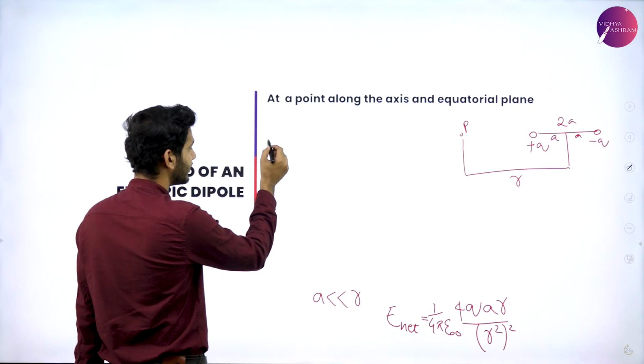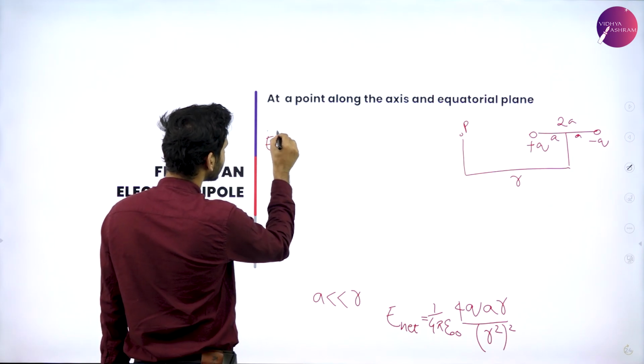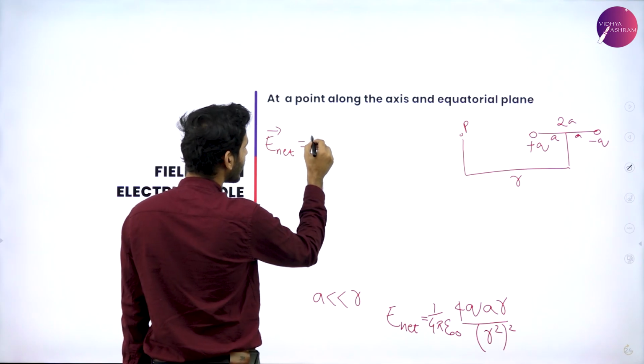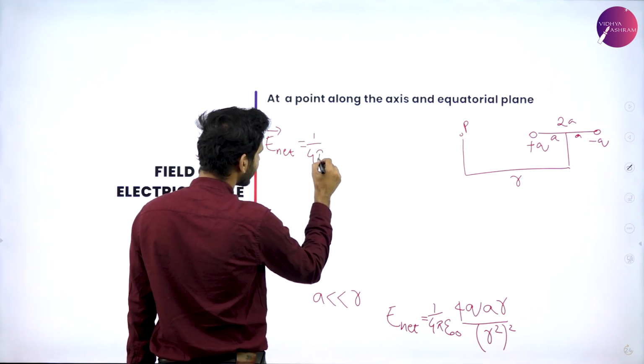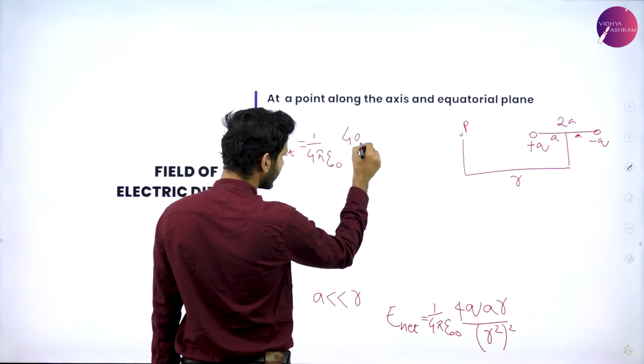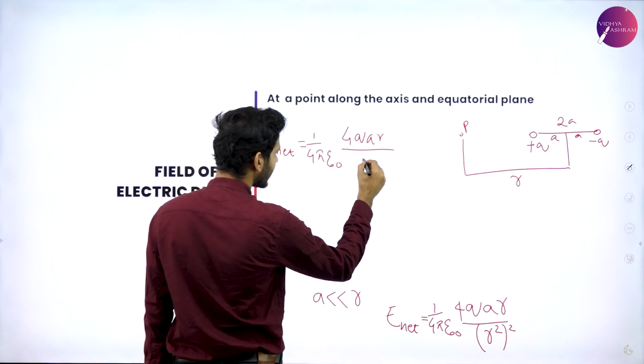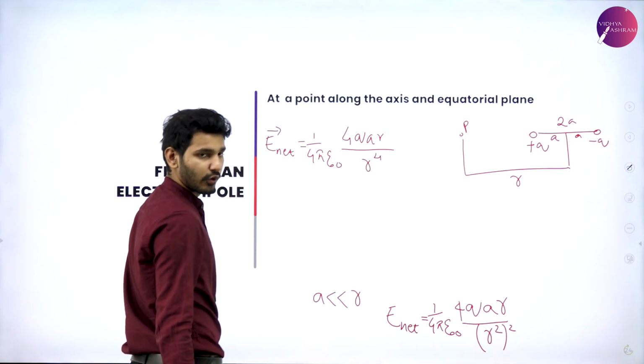So our equation will get transformed into this form. I'll just write it up here. E net is equal to 1 by 4 pi epsilon naught into 4QAR divided by R raised to 4.